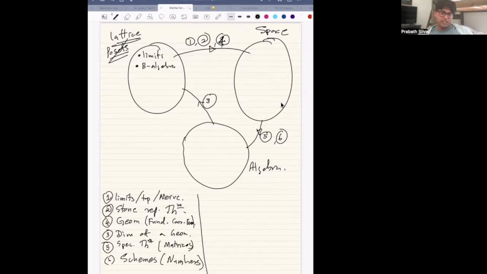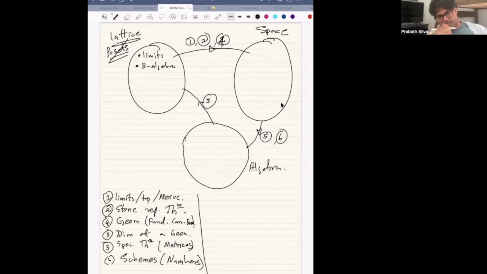Okay, so the going back and forth is, if you have a space, you can construct an algebra by looking at the algebra of functions. If the space is some sort of topological space, in that case your algebra is a space of continuous functions, and you're in the commutative setup, and that would be an example for the numbers.